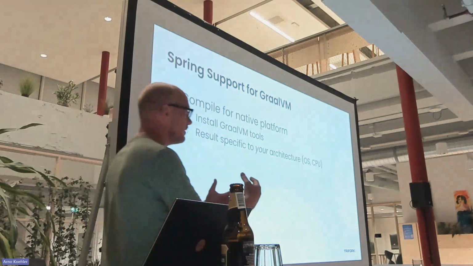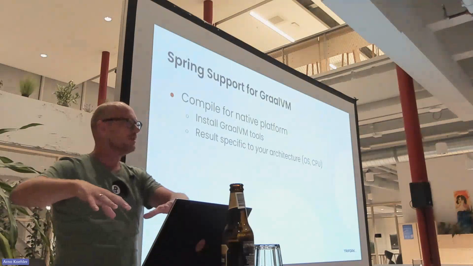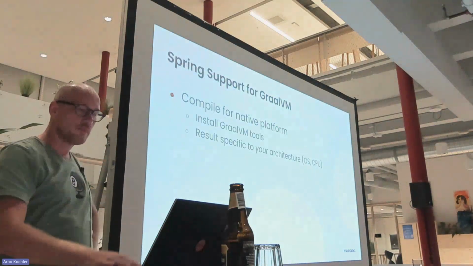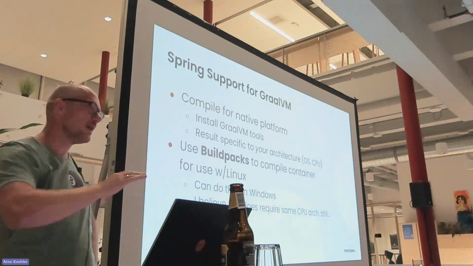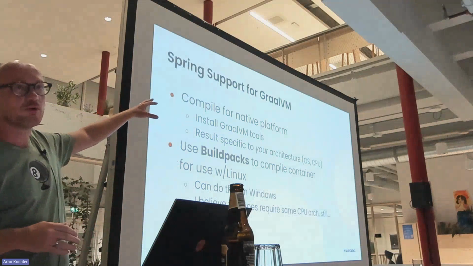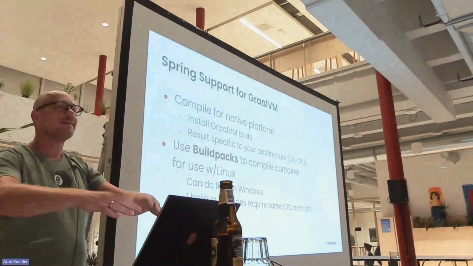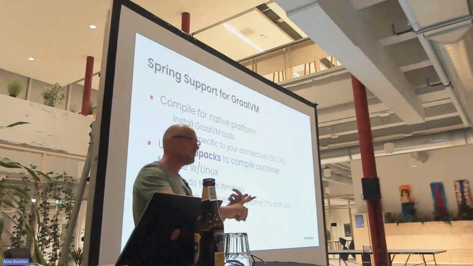When you want to use this, there's basically two ways of doing it. Either you run it directly on your machine, or whatever machine the compile is running on, or the other way is you compile to a container. If I compile for a native platform, that means, first of all, I need to have GraalVM installed here. And because I'm on Windows, I also need to have Visual Studio installed in a recent version with a C++ compiler.